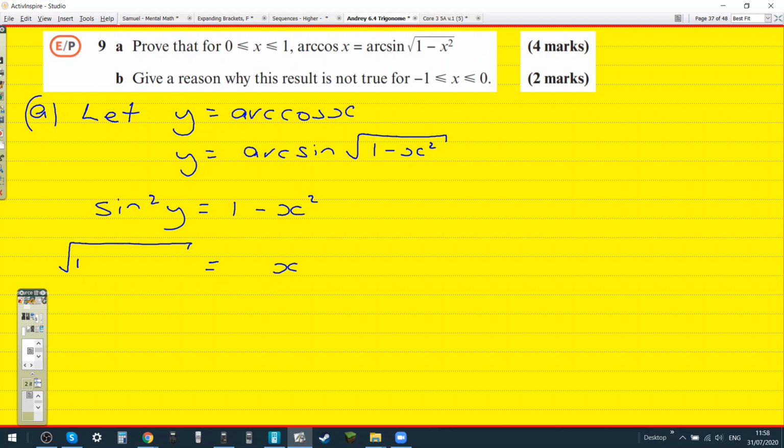Square root of sine squared y. We're aiming towards getting arc cos. So would I do that by subbing in 1 minus cos squared y? Very good.